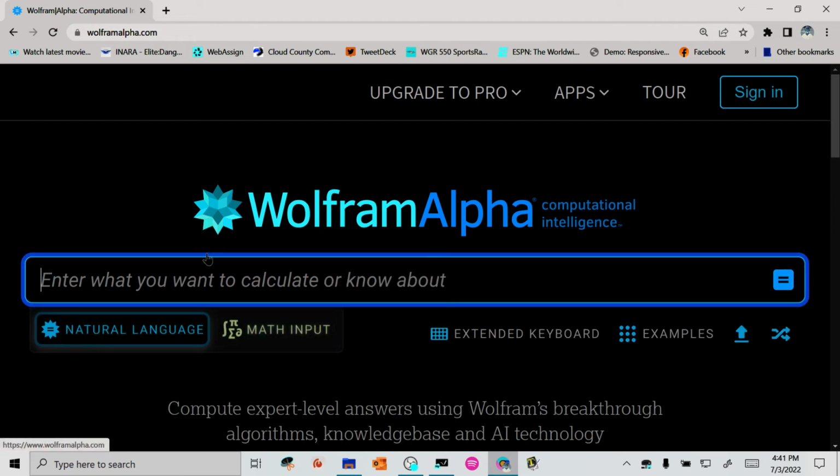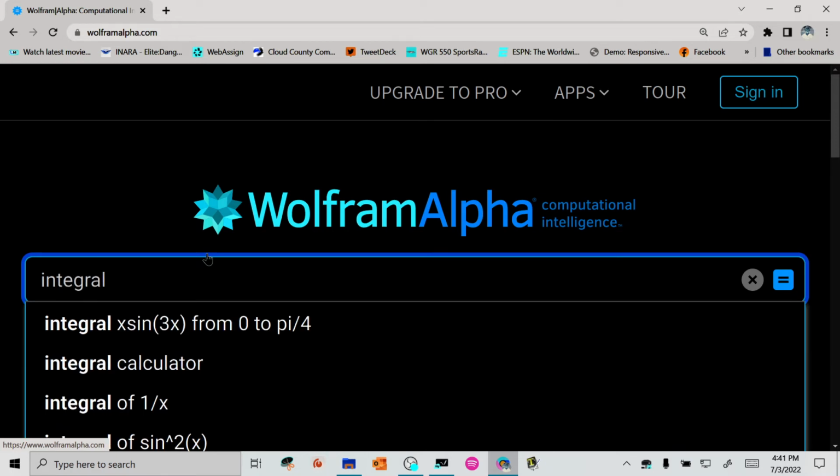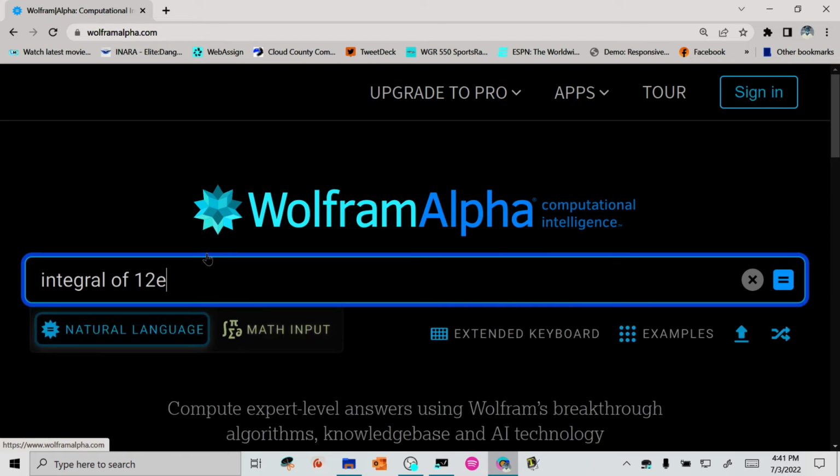The way you can do that is literally just typing in integral of 12e to the minus 0.5x minus 1.2 from 0 to 5.